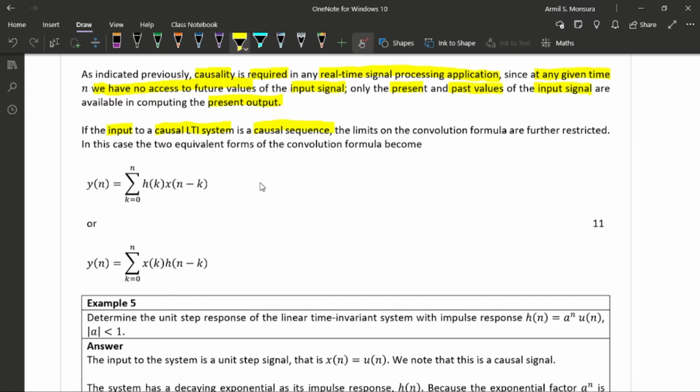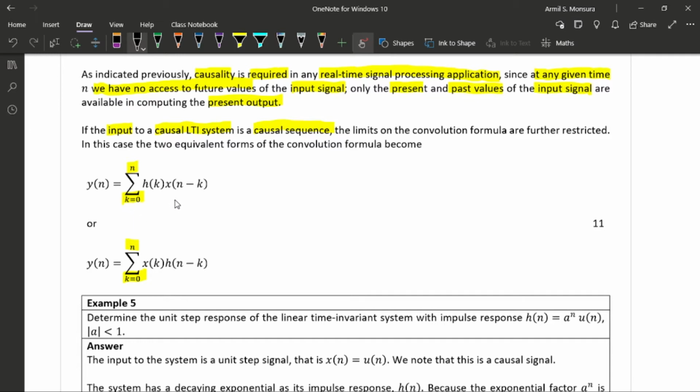So causal yung h[n] niyo, and at the same time, yung input sequence niyo is also causal. So as you can see, the limits are the same in both cases. Okay? And that is because, for example, in this case, if your h[k] is causal, then it modifies now your lower limit to 0.